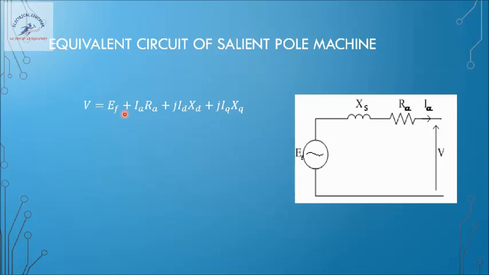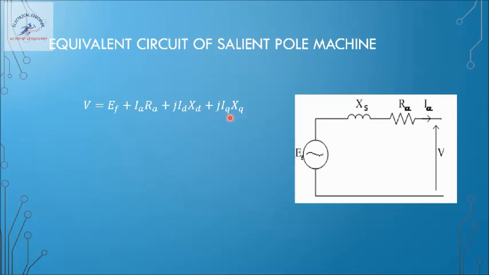We take EF as the reference, arbitrarily we decide a position for IA, and from there we proceed towards all other vectors, because here we don't know what these terms ID and IQ are that we have to draw.